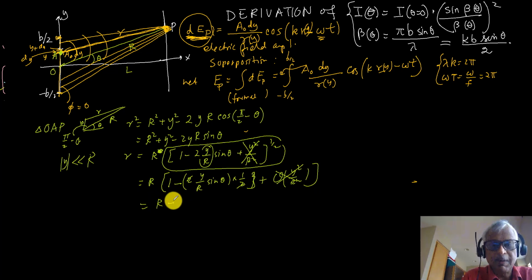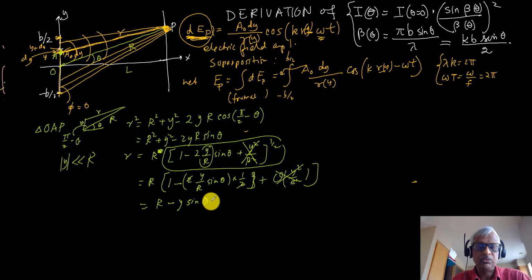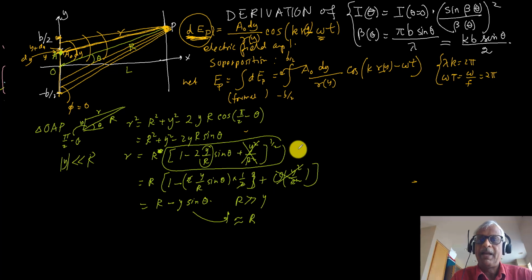So this is R minus y sine theta. Now R is much greater than y. That means this should be very close to R, and we can replace this outside here without any problem.